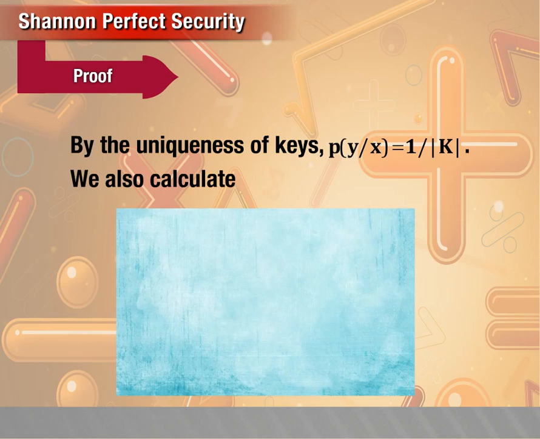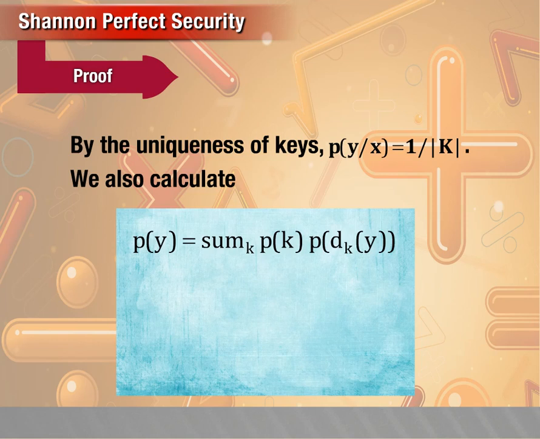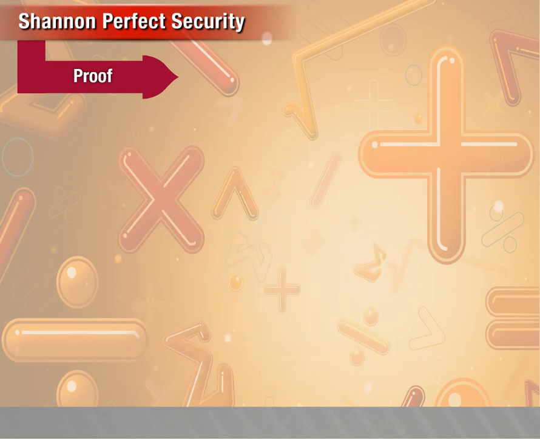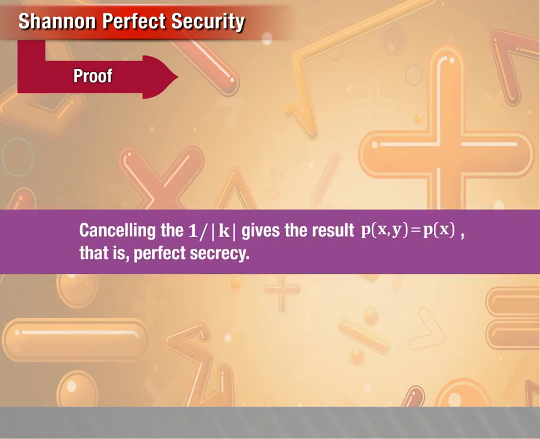We also calculate P of y is equal to sum over k of P of k into P of dk of y, which is 1 by modulus of k sum over k of P of dk of y, which is 1 by modulus of k sum over x of P of x, which is equal to 1 by modulus of k. Cancelling the 1 by modulus of k gives the result P of x given y is equal to P of x, that is perfect secrecy.